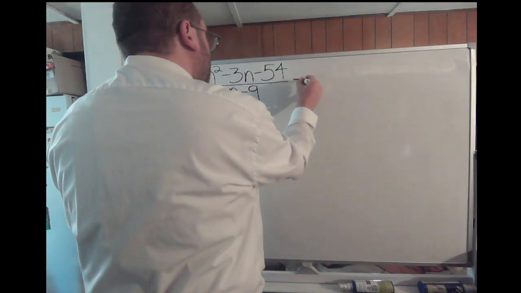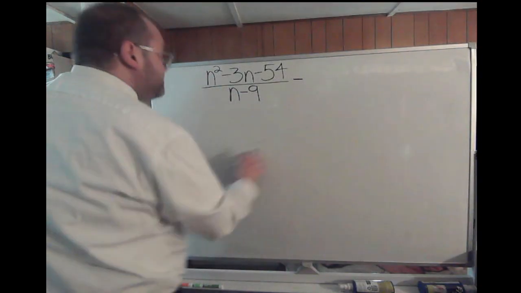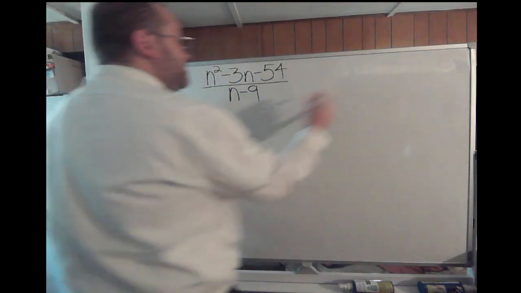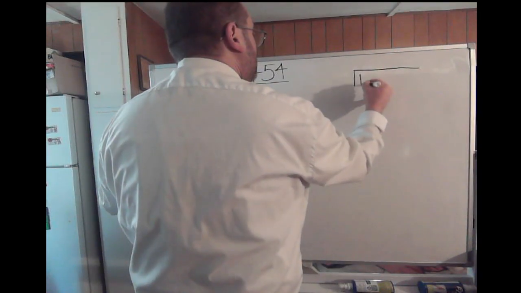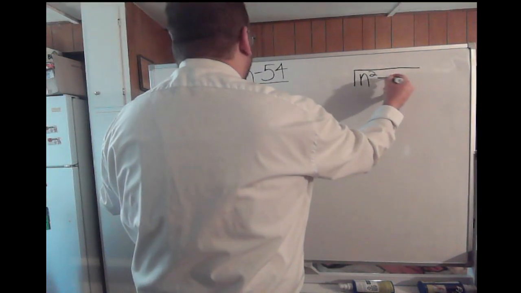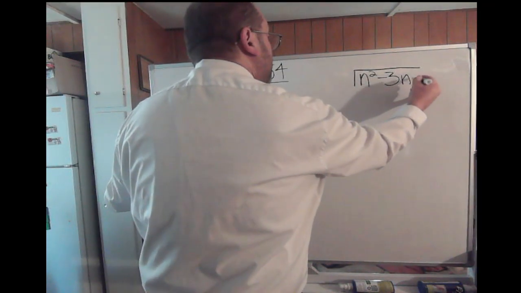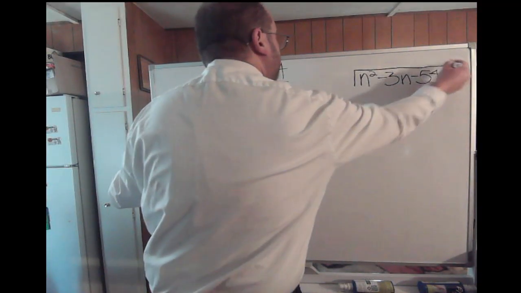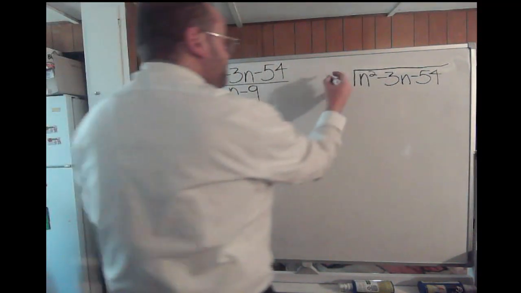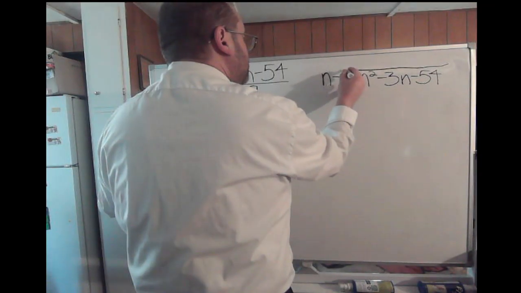Well, what you're going to do, again, set up your long division. So set up your dividend here of n squared minus 3n minus 54, and divide that by your denominator, which is your divisor of n minus 9.